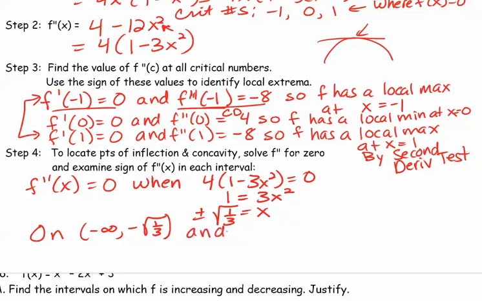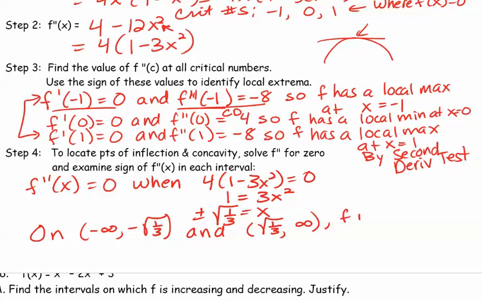And on the interval from positive square root of 1/3 to infinity. Think about testing both of those. Can you see that those would be the places where our second derivative would be less than 0?